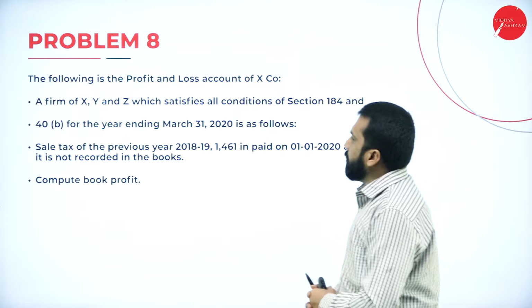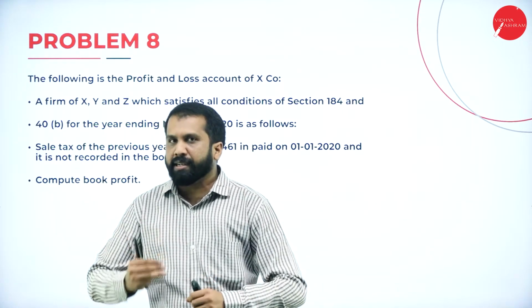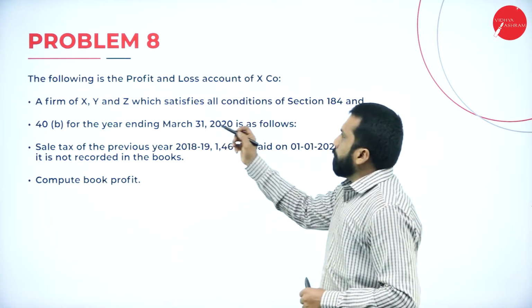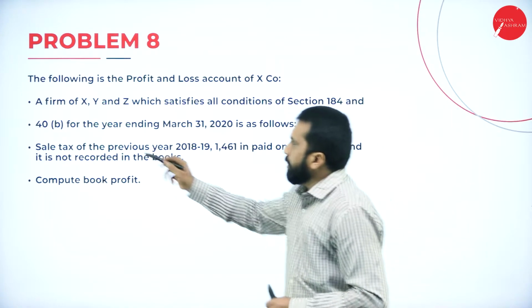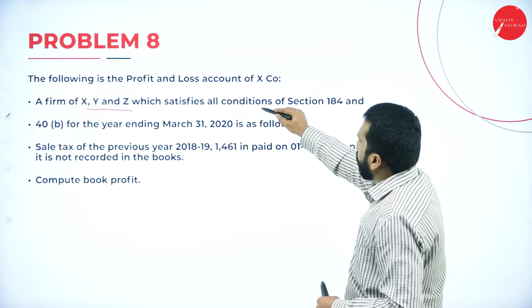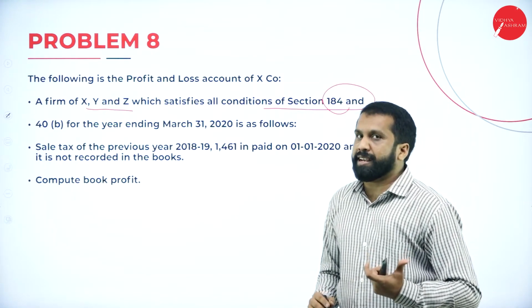Your questions will be like this. They will give you the heading with adjustment, then complete P&L. Now, the following is the profit and loss account of a firm XYZ. There are 3 partners, and it satisfies all conditions of section 184. What is 184?